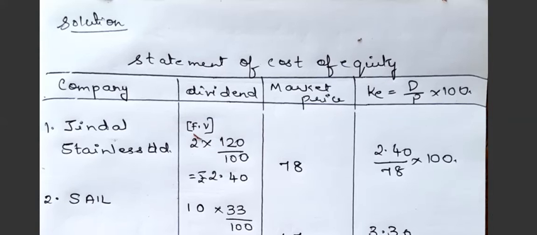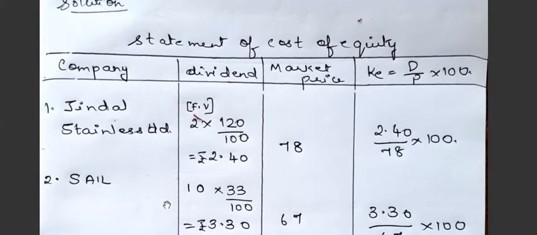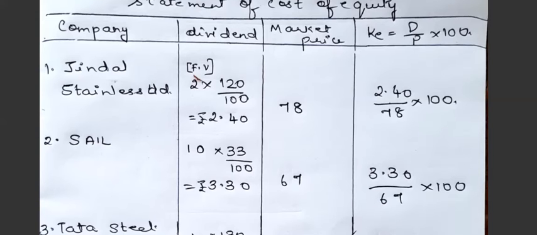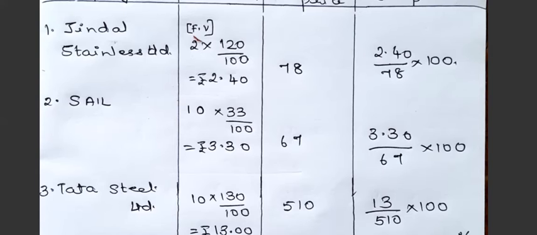Okay, then again here 10 into 33% is given, 3.30, and 67. Divide and write the value. 3.30 divided by 67 into 100, you will get the value. Divide and write. I have not calculated this; the last one I have done.